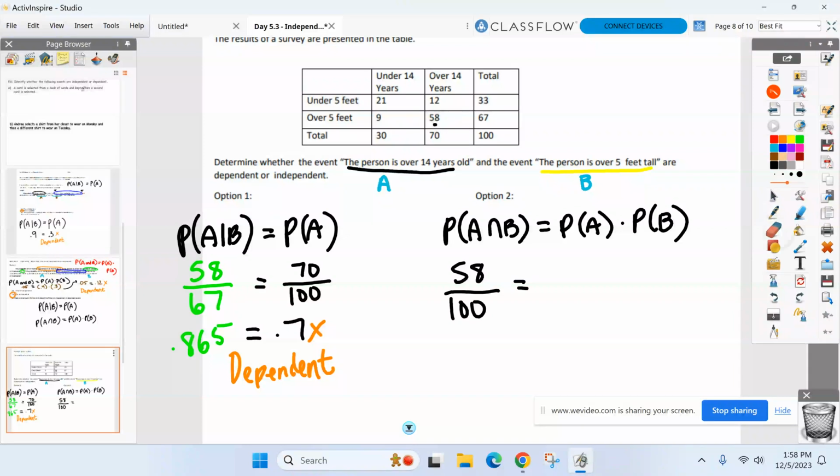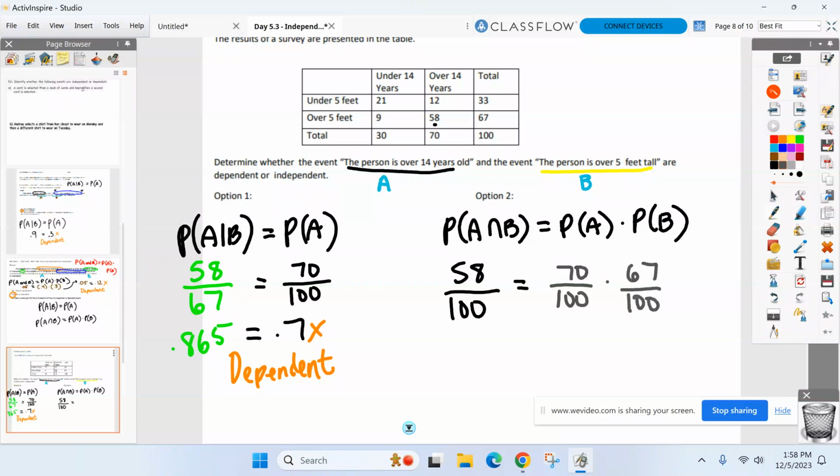Now, let's do them separately. Probability the person is over 14 years old. What's the probability in this table? Looks like 70 out of 100 times the person is over 5 feet tall. How many people are over 5 feet tall in the entire table? 67 of them out of 100.